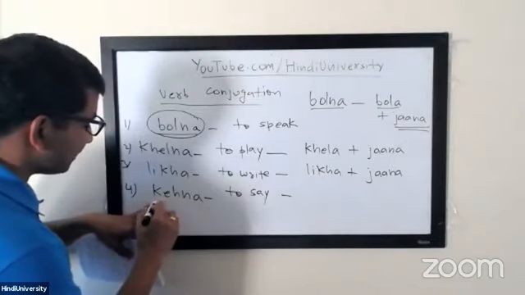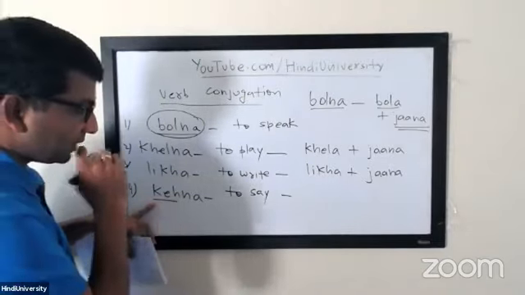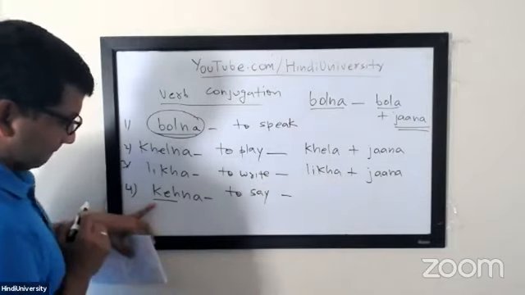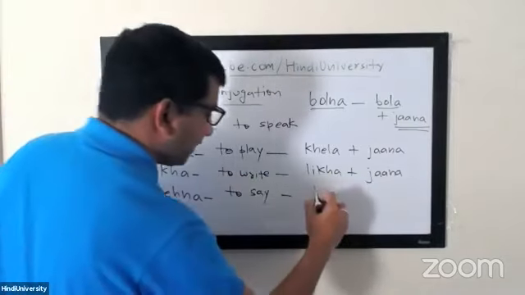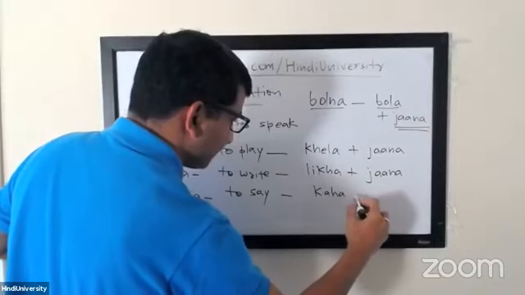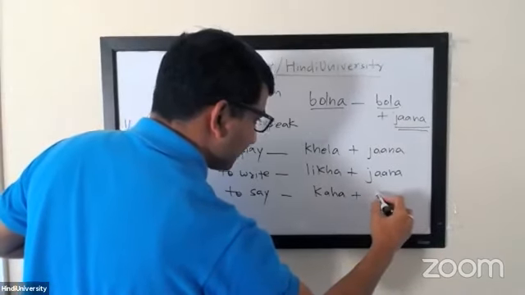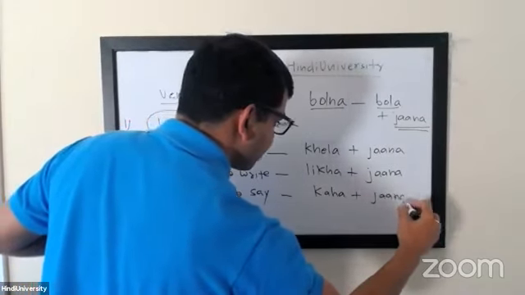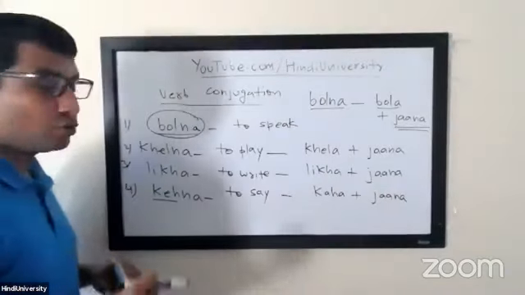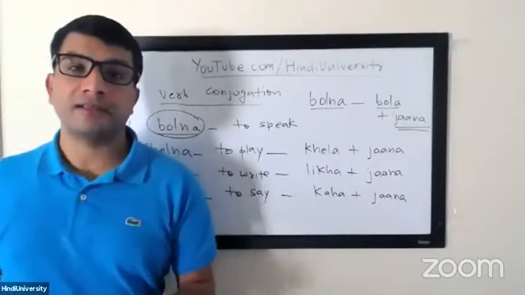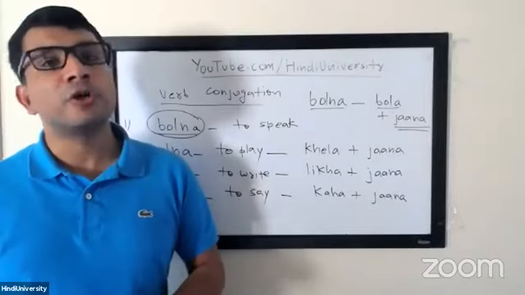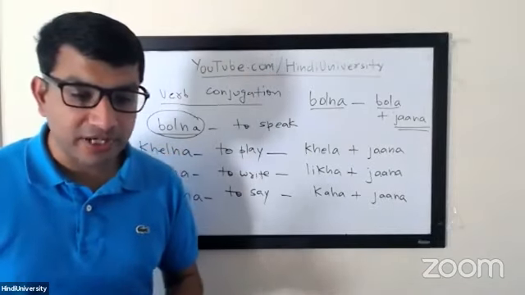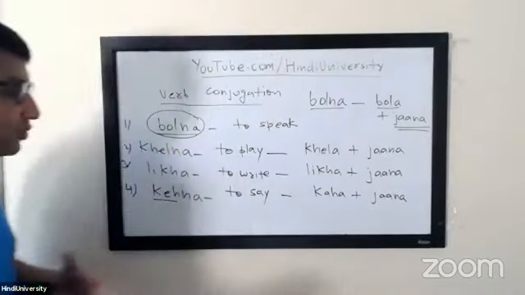Say it in the past. Remove na: keha, kaha. Kaha jata, kaha jana. Very good. To say or to call, like it is called X in German, right? So imagine those cases. That's where you are.